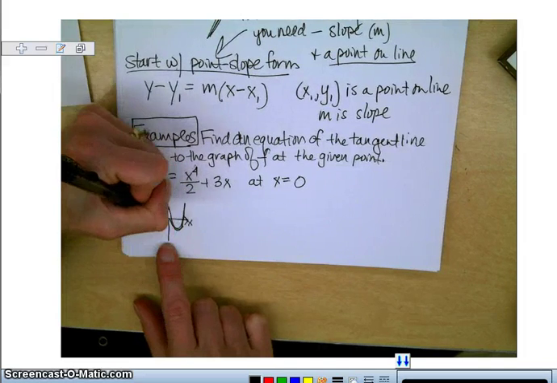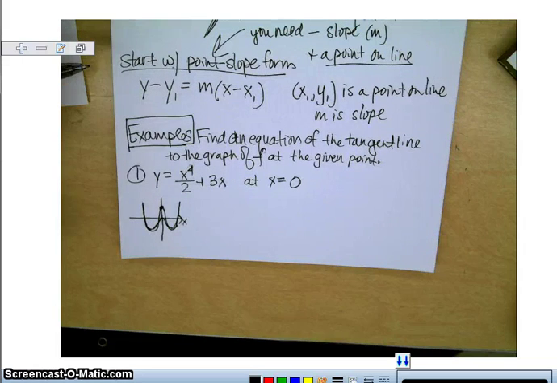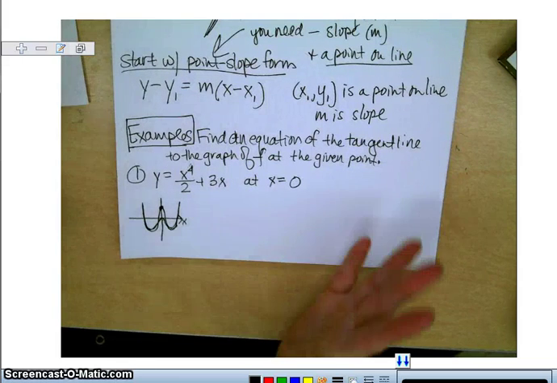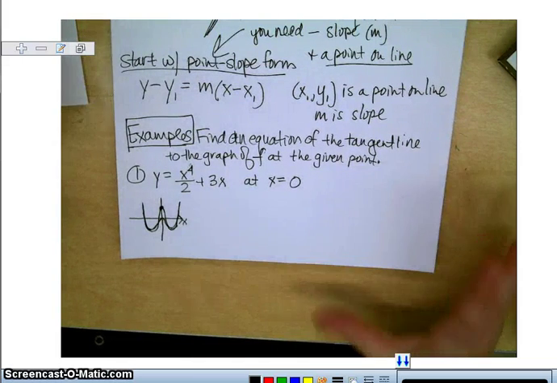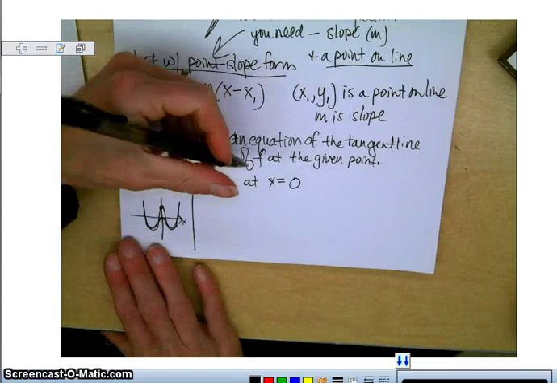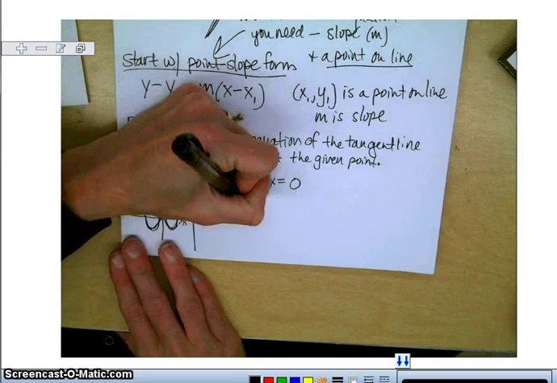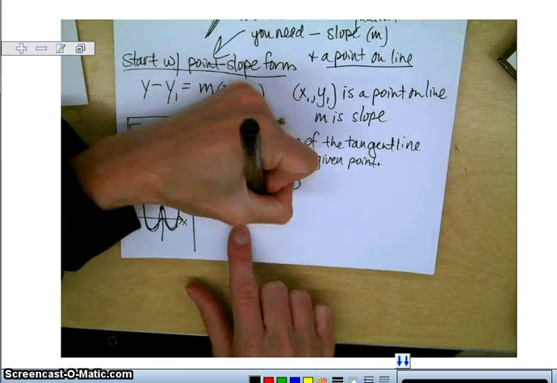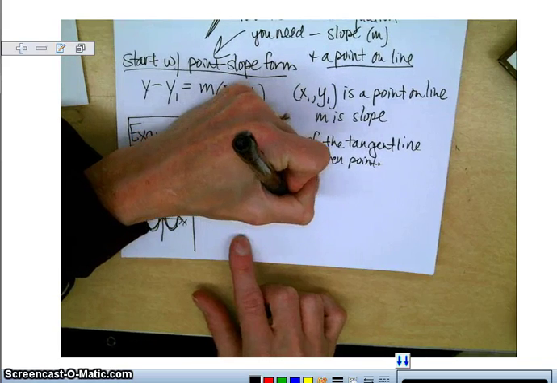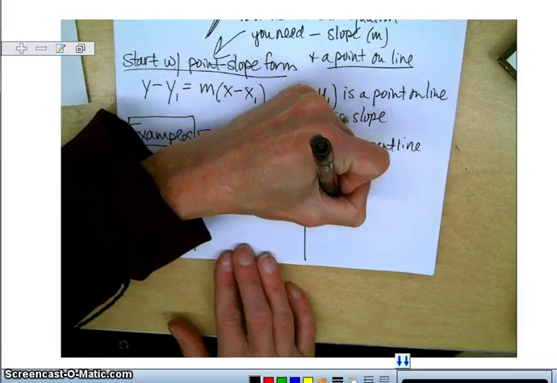So here's the x-axis at x equals 0. I'm looking for the equation of the tangent line right there. Okay, now you don't need to draw pictures to do these though. So if I'm writing the equation of the tangent line, I basically have like two columns. I have my tangent line, which is my answer, and then I have another column of work to find that tangent line.